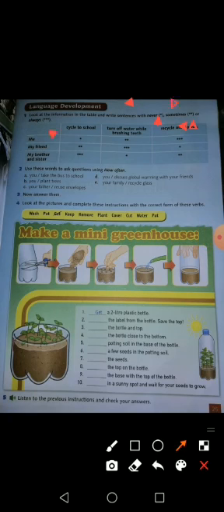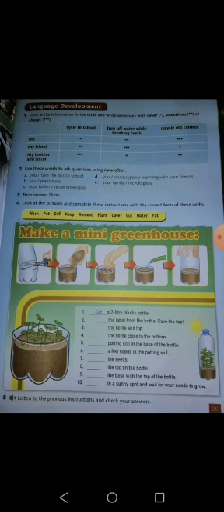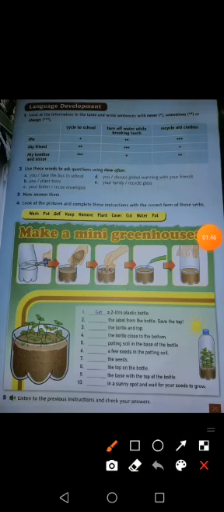If you see one star, it is never. If you see 2 stars, it is sometimes. If you see 3 stars, it is always. Okay, student? So here we have to write sentences using never, sometimes, and always.